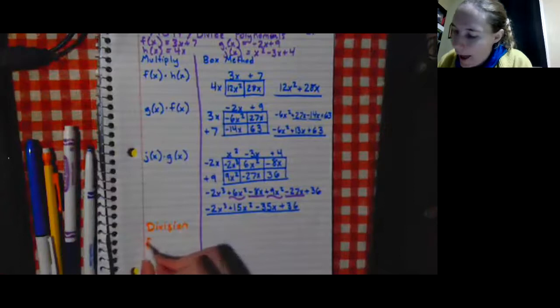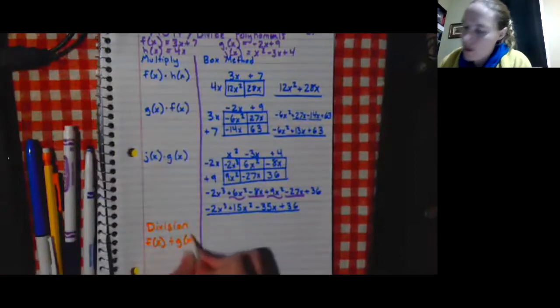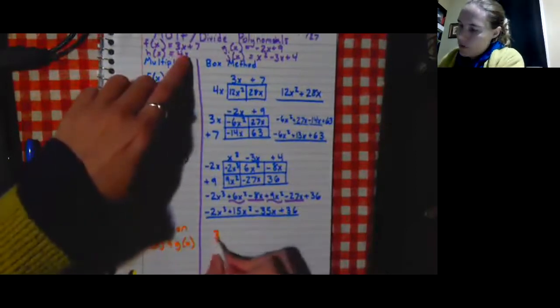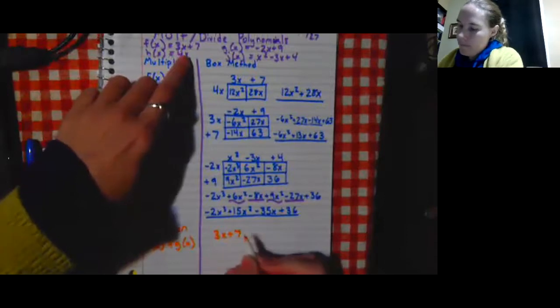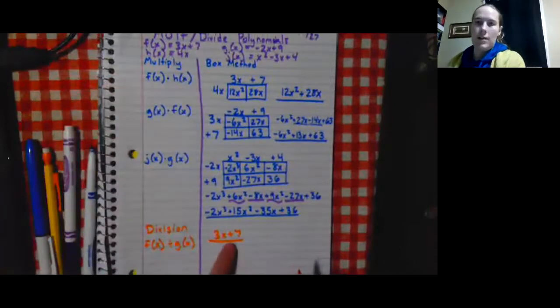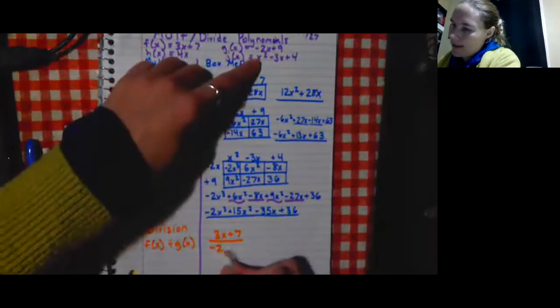So say I asked for f of x divided by g of x. The way you would write that is you go up, f of x is 3x plus 7. And then you would write the over sign because that's division. There's an actual name for it. I don't remember what it is. And then g of x is negative 2x plus 9.